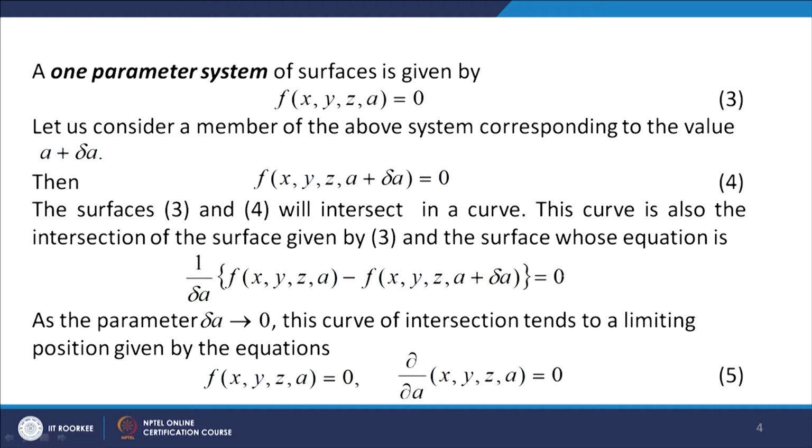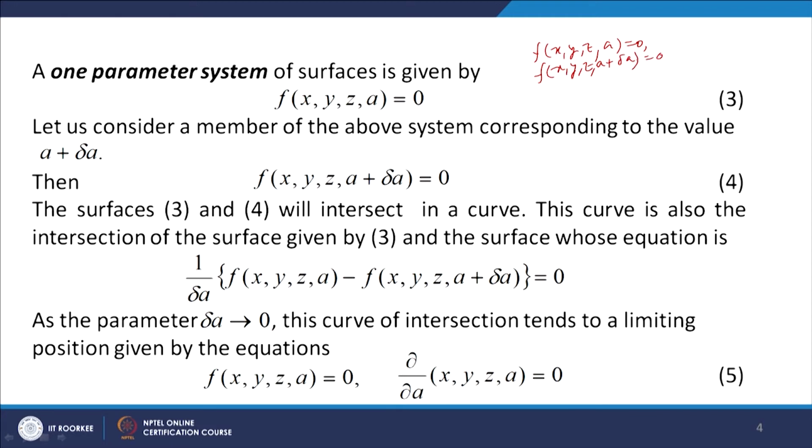Why? Because the curve which is obtained by the intersection of the surfaces 3 and 4 will satisfy f(x, y, z, a) = 0 and f(x, y, z, a + delta a) = 0.